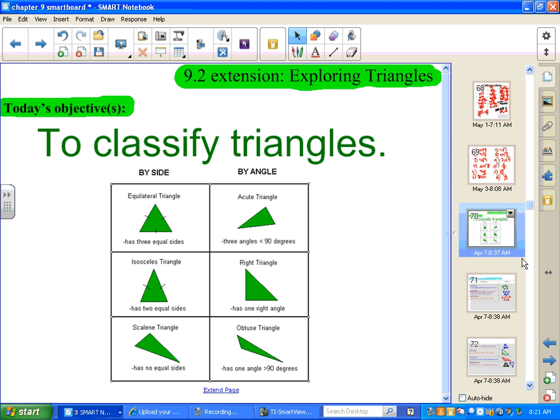What about equiangular? Equiangular, Briar. Good. So if it's equiangular, Frodo, each angle is worth how much? Good. 60. All right. So question for you.